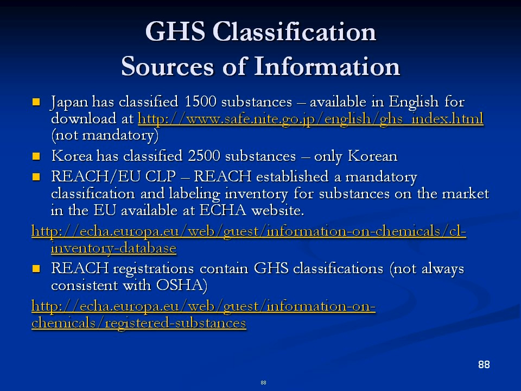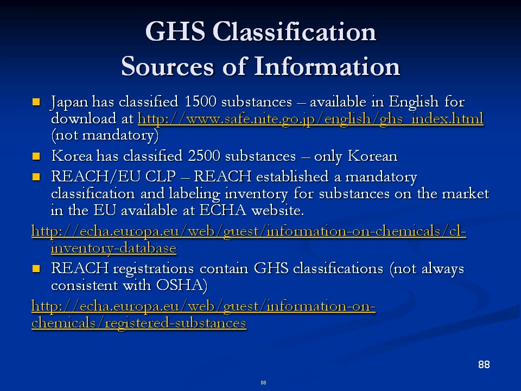So as far as GHS classifications go, there are classifications on the Japanese website, and you can go to the website that I have here. They're available in English, and you can download them in spreadsheet form, and search them by their CAS numbers, and they are non-mandatory, and you may not agree with them. So I take a look at them.